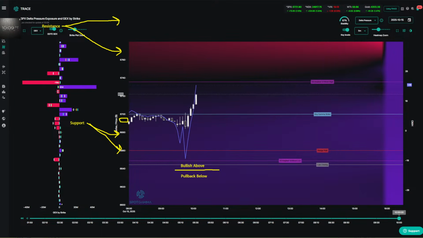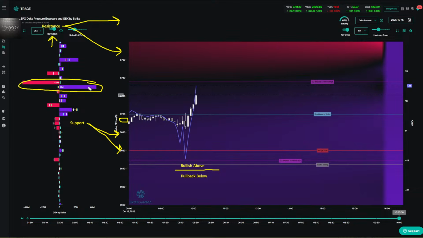Speaking of gamma levels, earlier we were talking about this level right here. This is the largest level for gamma right now on the 0 DTE. So this is a magnet for price to get to it. We've got roughly another 10 points to the upside.